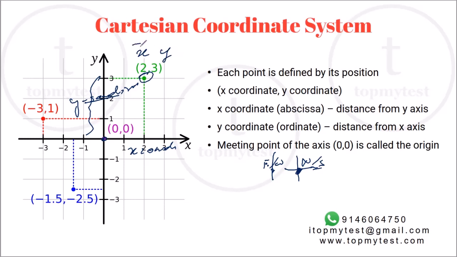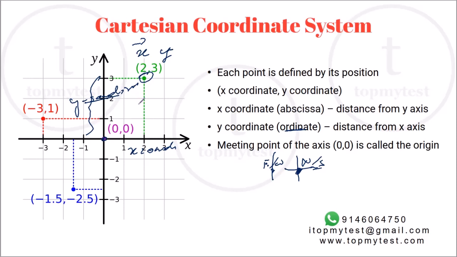The x coordinate is also called the abscissa and the y coordinate is called the ordinate, right? And of these two reference lines, the horizontal line is your x axis and the vertical line is your y axis, right? Everything else, the basic principles of planar geometry, you can use in the Cartesian coordinate system as well.